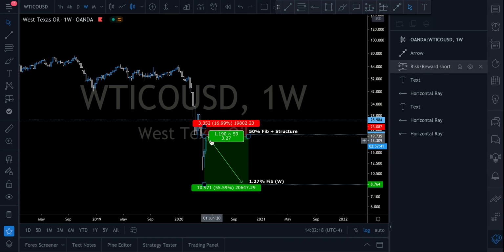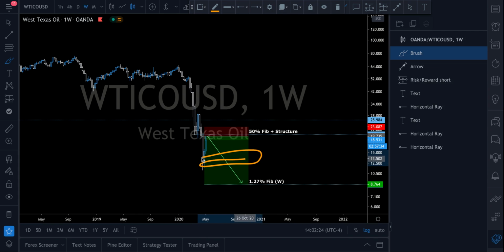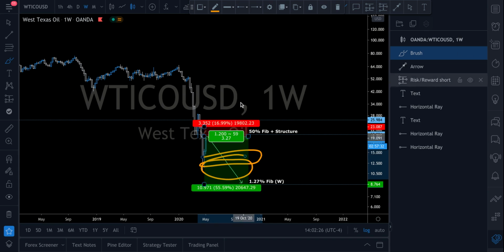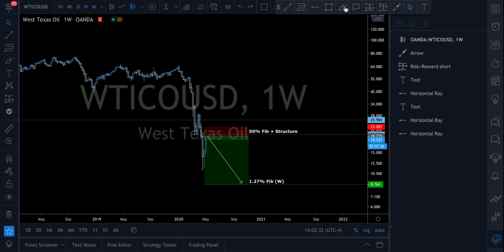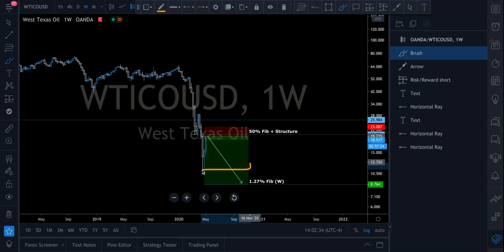There's one caveat to this: I would ask you guys to consider looking at this area right here, because this area could be a potential zone of support.